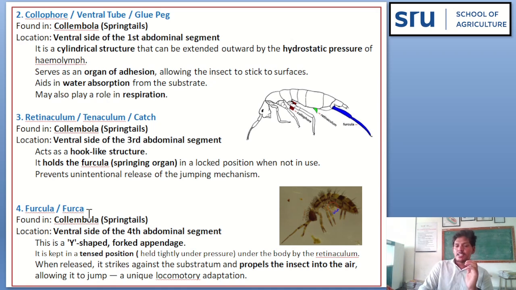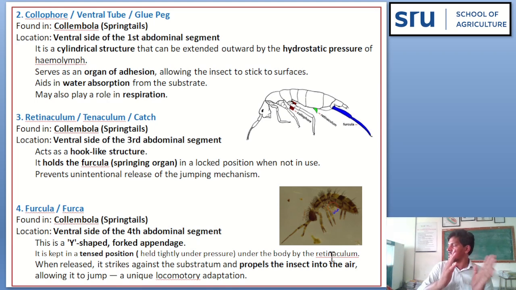The next structure is the furcula or furca. So this is the furcula or furca. It is also there in Collembola or springtail. It is located on the ventral side of the fourth abdominal segment. This is a Y-shaped forked structure. It is kept in a tensed position, meaning held tightly under pressure under the body by the retinaculum.